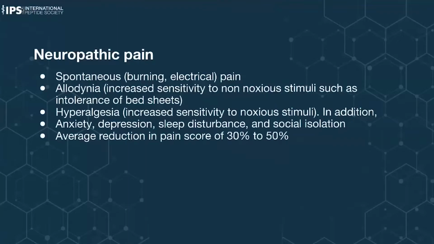So neuropathic pain, spontaneous burning electrical pain, allodynia, you all know, is increased sensitivity to non-noxious stimuli, like intolerance to bed sheets. Used to be some things that people just didn't think existed, but it absolutely exists.